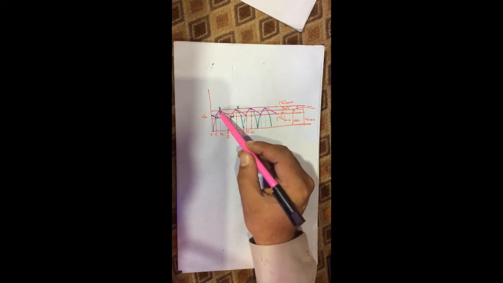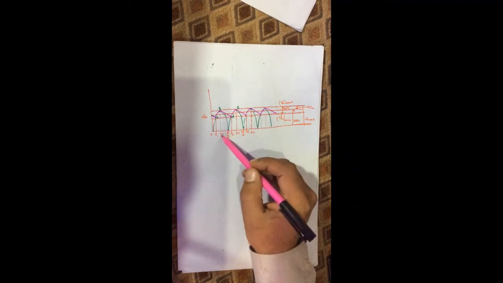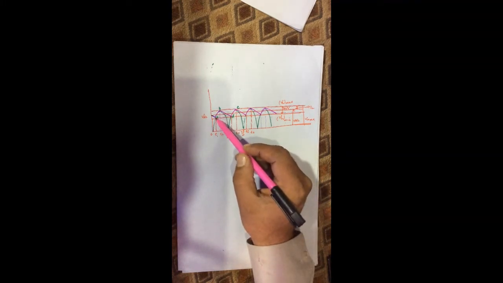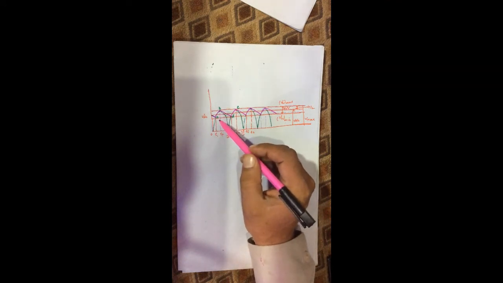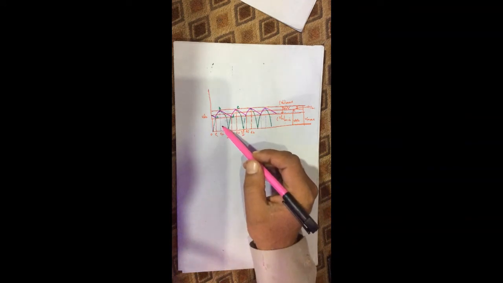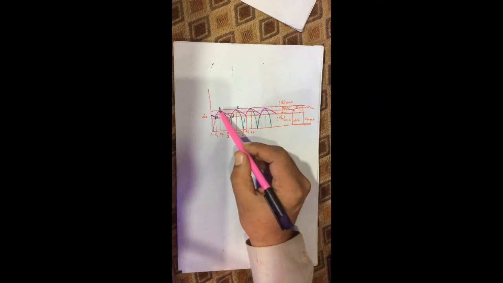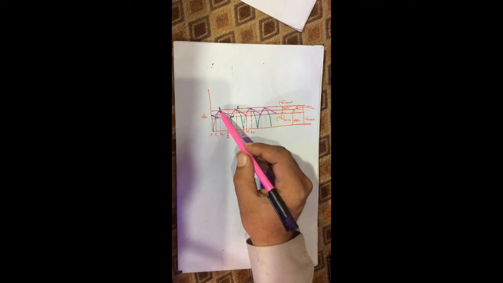The charging of the capacitor continues till time t equal to t2. At t equal to t2, the capacitor is charged to its maximum value, up to this point.